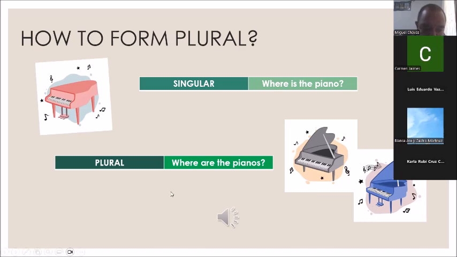In this case, to change the noun from singular to plural, you just add an s. However, that isn't the rule for every noun. So we'll look in more detail at the different plural rules for nouns.